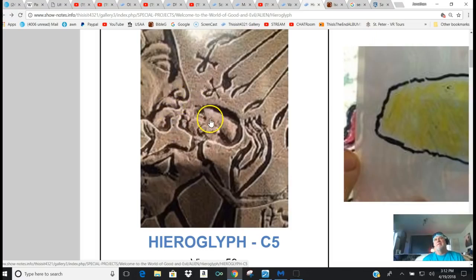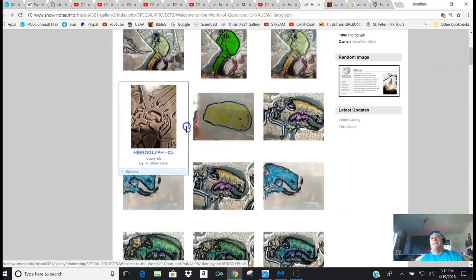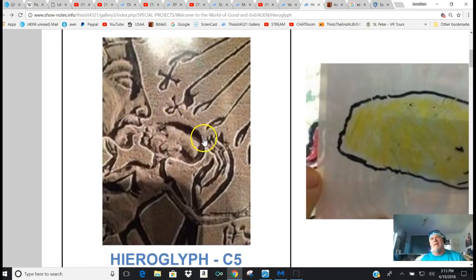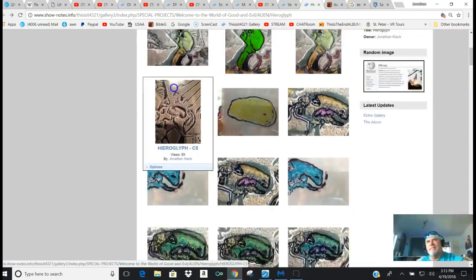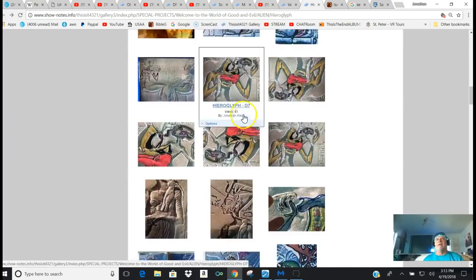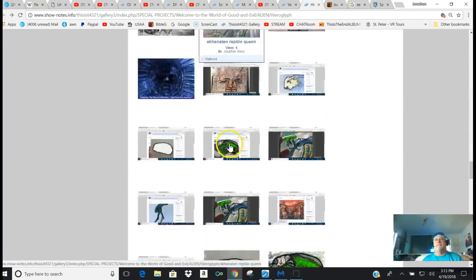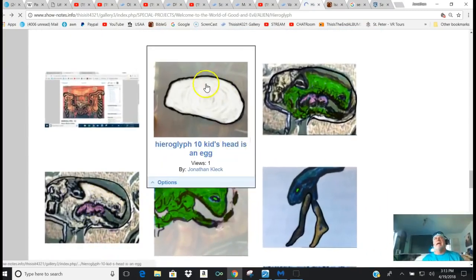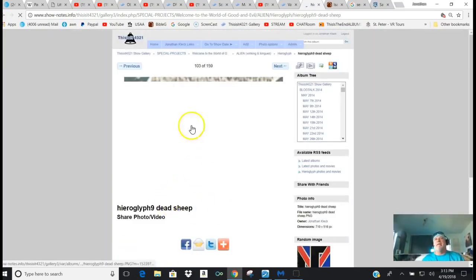Okay, well, the reason is because the head of the kid, you see that dark shadow right there? That's an egg. And we're going to go down here and we're going to look at it redrawn. Here we go. So here's the head of the kid. It's an egg.